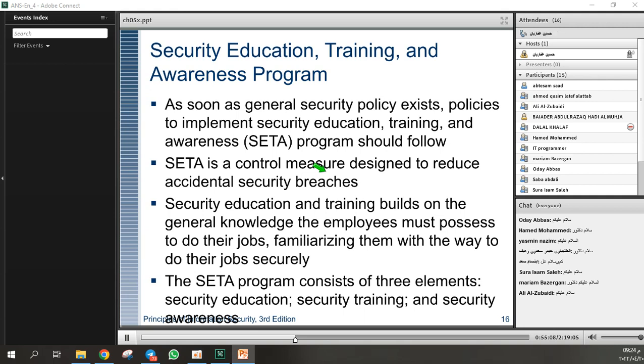There are two different areas. When we are planning for SETA, for education, training, and awareness in the field of security, it means that I want to reduce the accidental security breaches.